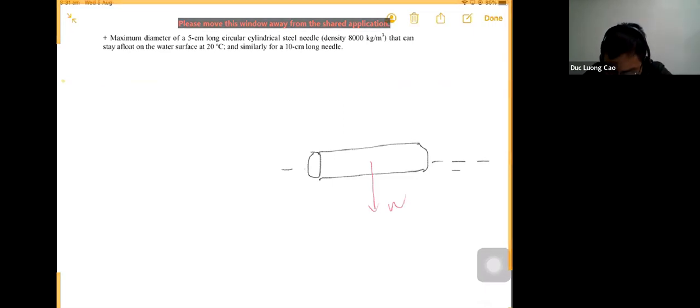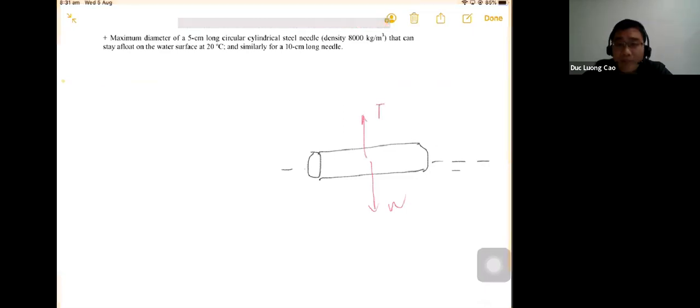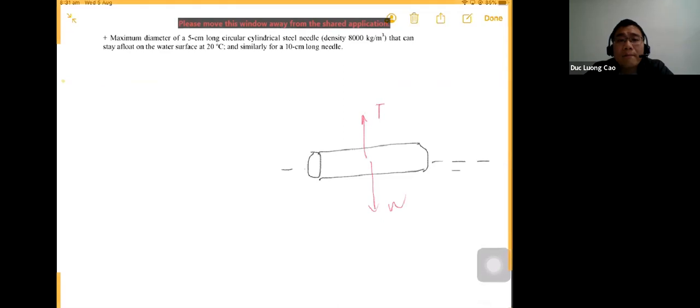An upward force, this one is tension force, and this one will relate to surface tension coefficient. Surface tension force, T, okay? And this one afloat on water surface, it means T will be equal to weight of the needle.